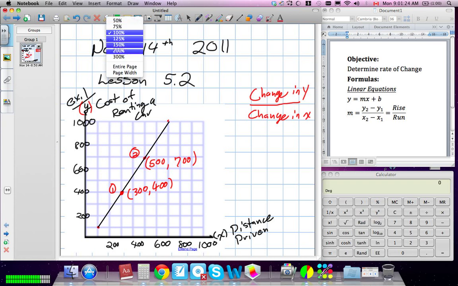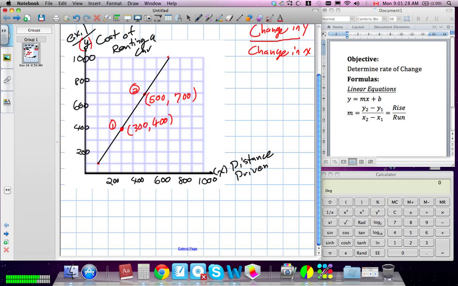So we'll write our formula down. Our slope, or our average rate, or average change in the height versus the distance driven, is going to be our y2 subtract y1 divided by x2 subtract x1. I'm going to put an m here because we know that's what it's equal to. I'm also going to write my 2 points down.